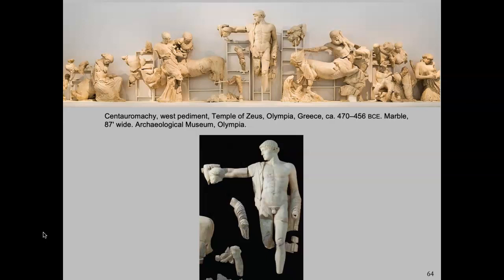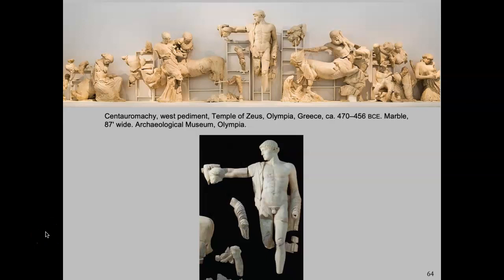In this case, we can assume that the metaphor represents the civilized versus the barbarians, because the Lapiths are, after all, a Greek clan, so they represent rationality, and the barbarians are, of course, anyone who is not Greek and therefore are inferior.